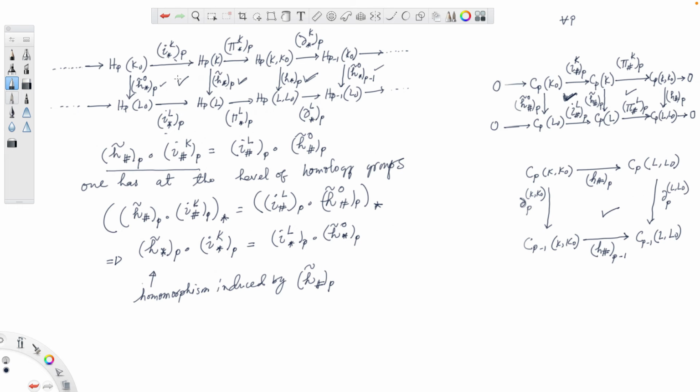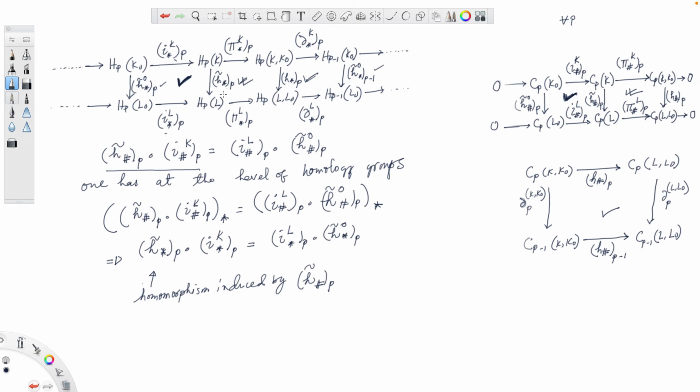Which means that it gives us the commutativity of this square. So commutativity of this square gives us the commutativity of this square. Similarly, commutativity of this square will give us the commutativity of this square, and so on and so forth. Okay, all right. So this was part A.